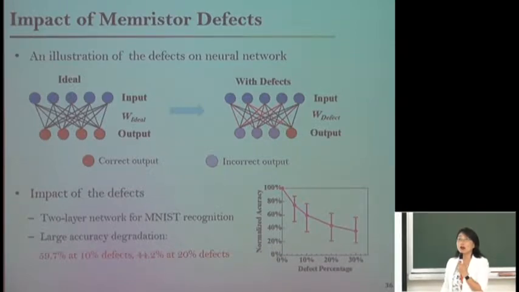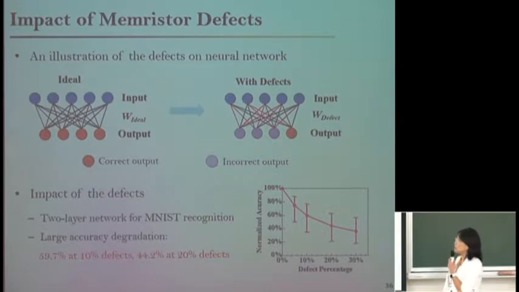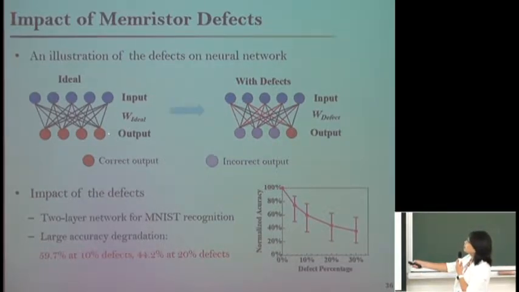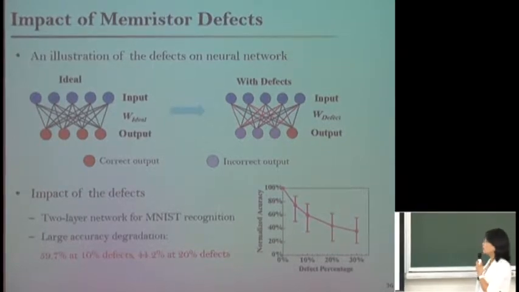It could be an on or off defect, stuck at the high resistance level or the low resistance level. At the upper neuron, in this simple example, it essentially collects the weighted input data. So the defect in the weights could significantly affect the final calculation results and make the following calculations completely wrong.